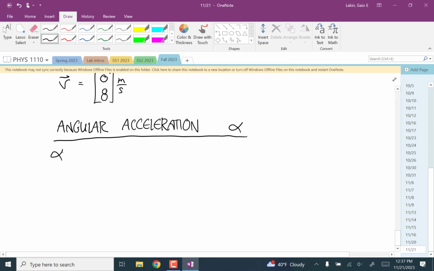Alpha is the rate at which the angular velocity is changing. That's not a surprise, because the acceleration you're used to is the rate at which velocity is changing. So this works just the same. So alpha is the rate at which omega is changing.